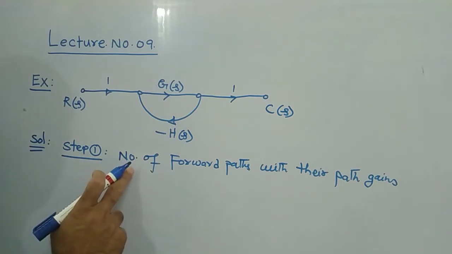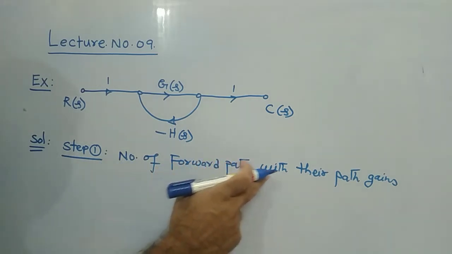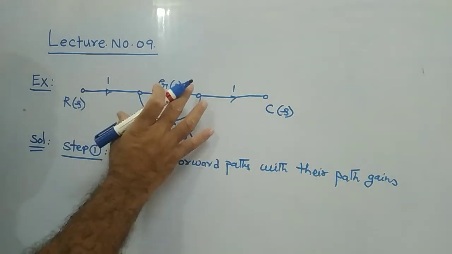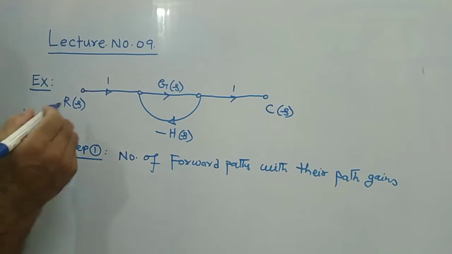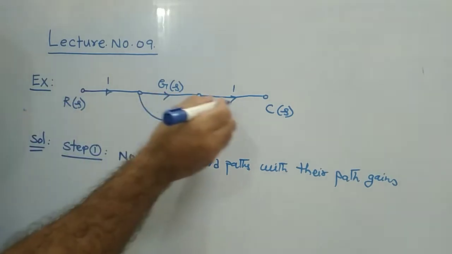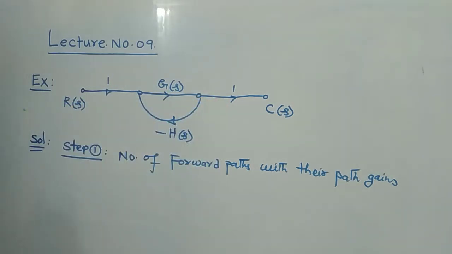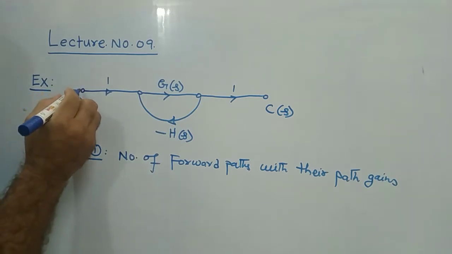You have to find out the number of forward paths with their path gains in the given signal flow graph diagram. So carefully observe the problem as given.